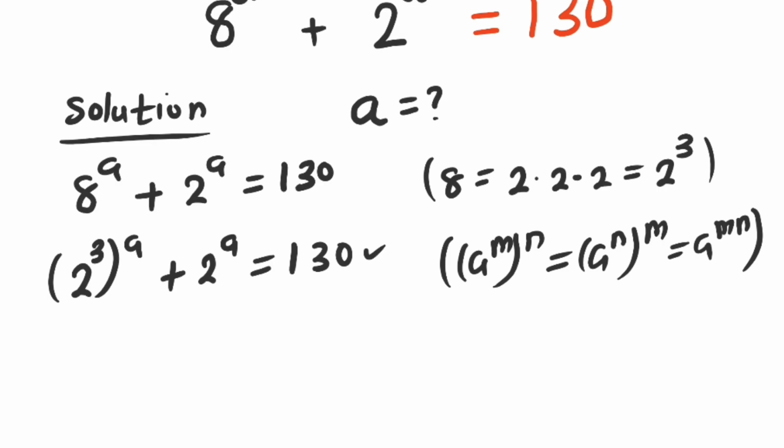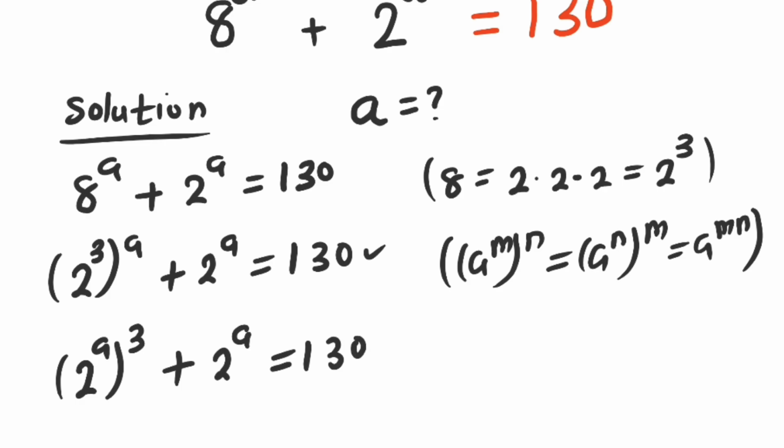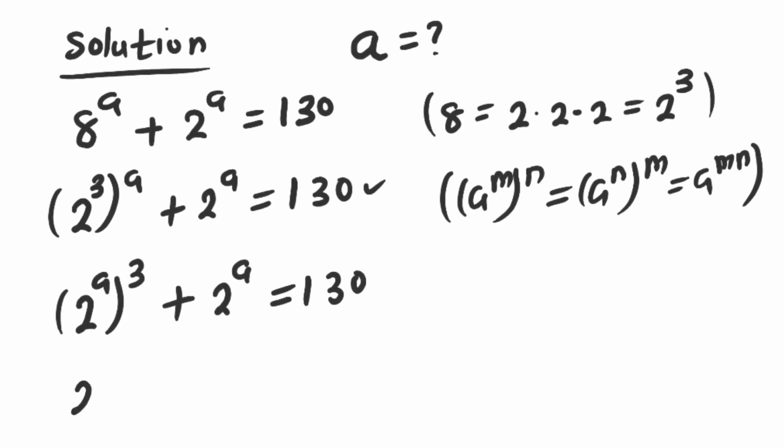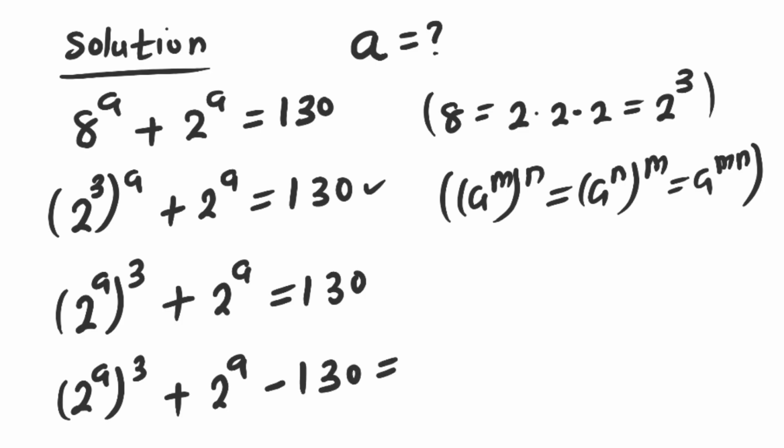Then this can be written as 2 raised to power a to the power of 3 plus 2 raised to power a is equal to 130. Now let us bring this 130 to this side. We have 2 raised to power a to the power of 3 plus 2 raised to power a minus 130 is equal to 0.